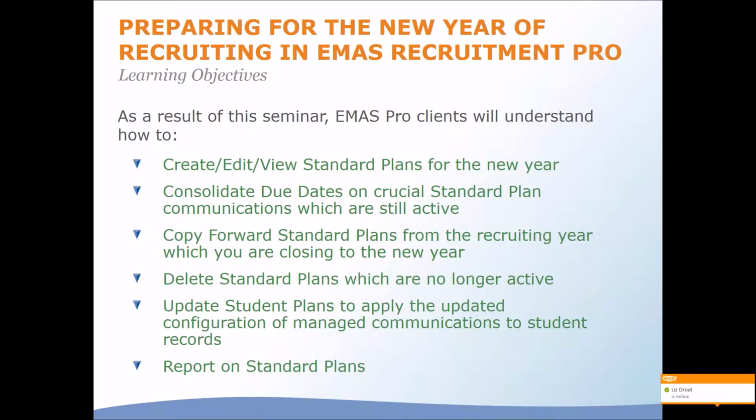Okay, then the learning objectives. We're going to look at how to create a standard plan, how to consolidate due dates on a standard plan that's currently active in your system, how to copy forward standard plans that are active that you want to be present for the new recruiting year, how to delete standard plans, and that's really important, and then how to run the updates so that the updates you've applied to your standard plans are applied to your student records, so that you make sure the student records reflect the changes that you've made in your student plan.